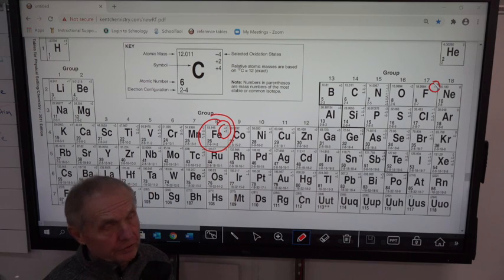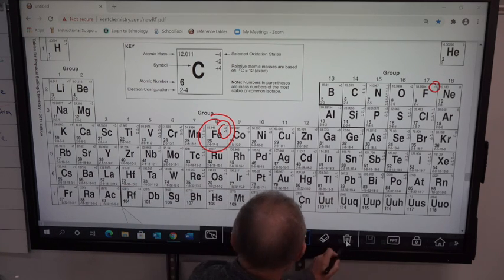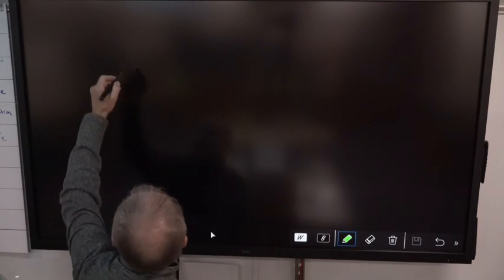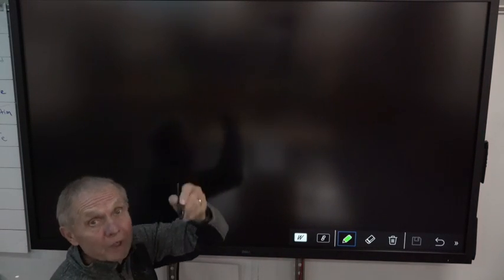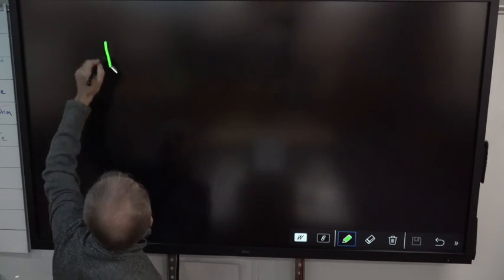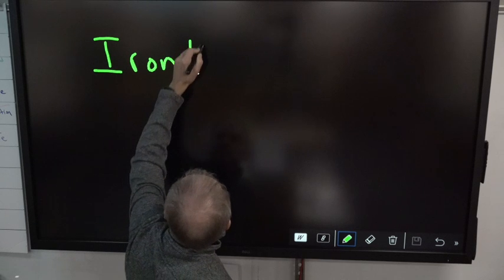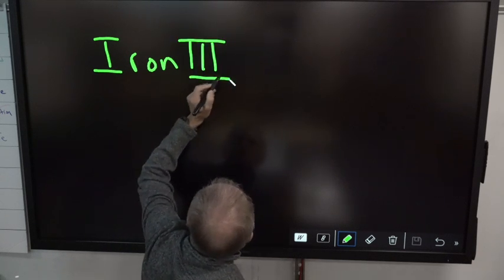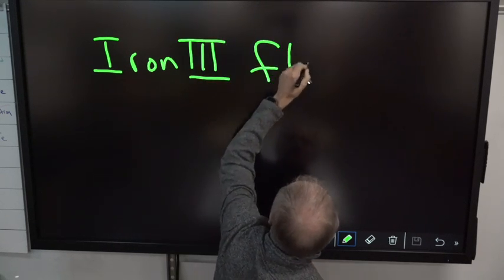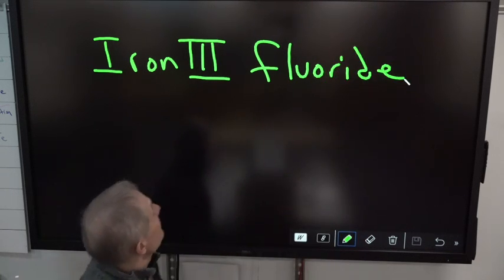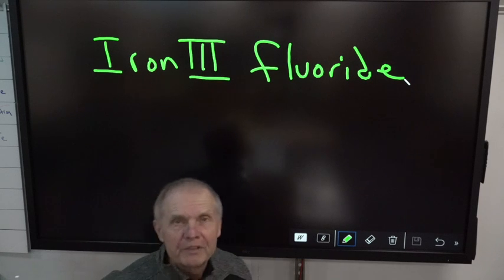Well, watch this, okay? So we're going to use iron. But here is what they would give you. It would be iron. So what if they gave you iron Roman numeral 3 fluoride?